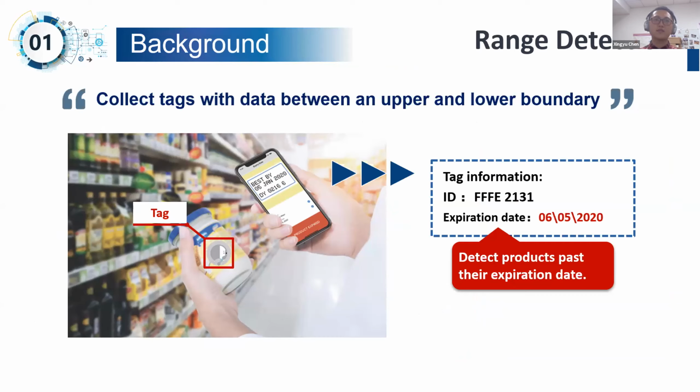So what is range detection? It means to collect RFID tags with data between an upper and a lower boundary. It can be used in some practical applications. For example, in a supermarket, the staff may need to do a live query for checking whether there are expired products by collecting the sell-by data from tags.